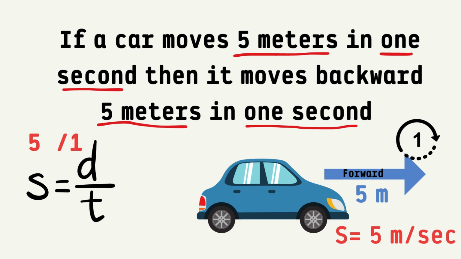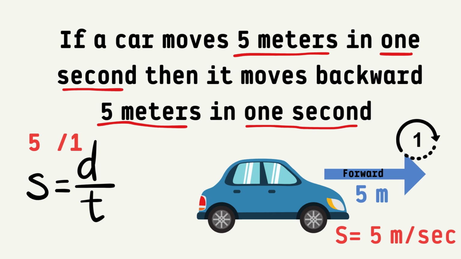So here the speed will be 5 meters per second. And we get this unit from the problem, as we have here 5 meters. So the distance is measured by meters and the time is measured by seconds. So here the speed unit will be meters per second.